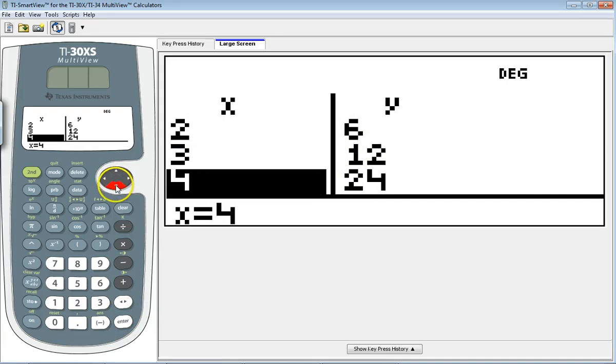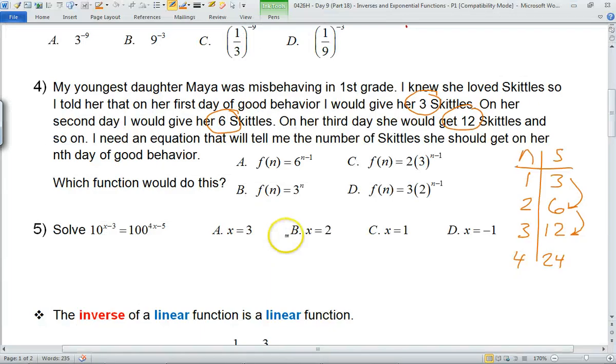Scrolling down, 24, 48 Skittles. This is following the pattern for the right number of days, the right number of Skittles. So that was D. So that's how we know that D is the right one. Okay, so with the TI-30, this is pretty easy, right? Yeah.